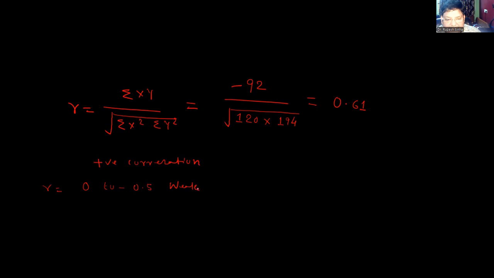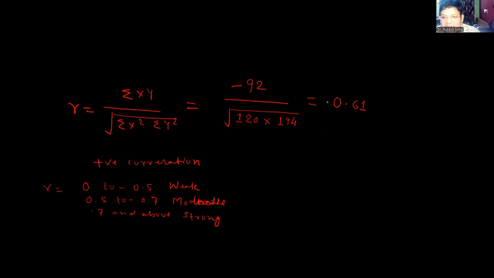Weak correlation. 0.5 to 0.7, what I told, moderate correlation, moderate. Fine. And 0.7 and above, what I told, strong correlation.